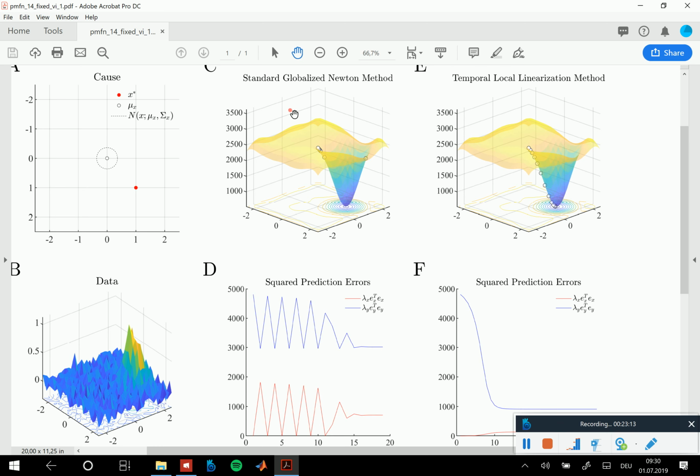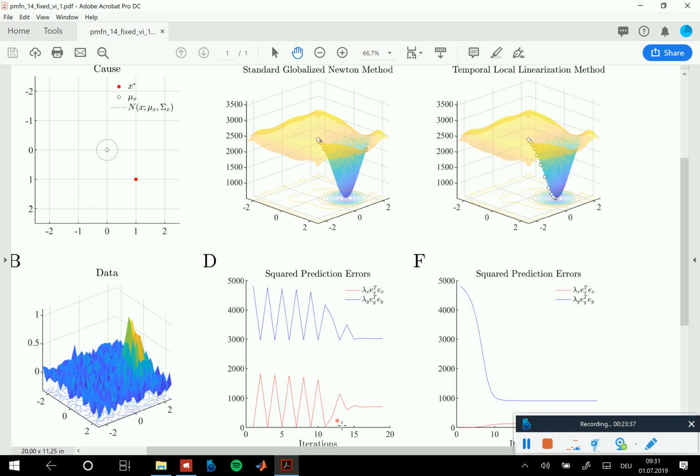And with this globalized Newton method, one jumps around a little bit, but slowly enters the well. And what happens here is that the squared prediction errors, so our epsilon, should be epsilon, not e, at the lower level are minimized. Actually, at the higher level, they get a little bit larger.